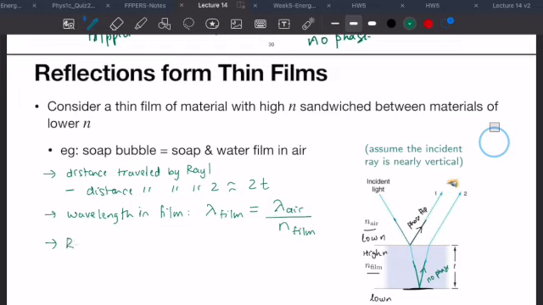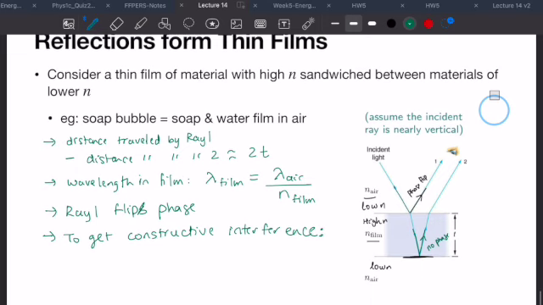So ray 1 flips phase. So we're already off by half a wavelength because of that. So finally, to get constructive interference, we have that the path length difference needs to be a half wavelength multiple because we already have the flipping of the phase from ray 1.